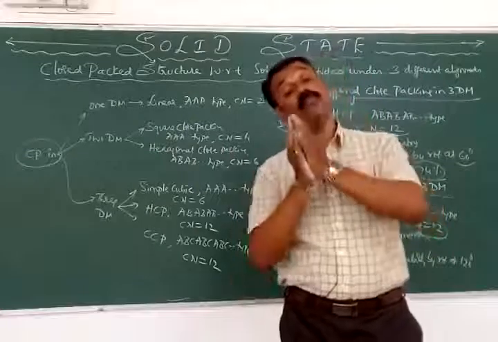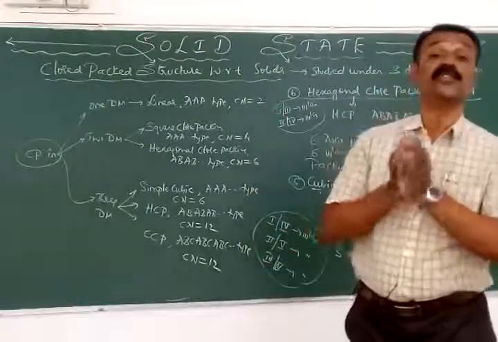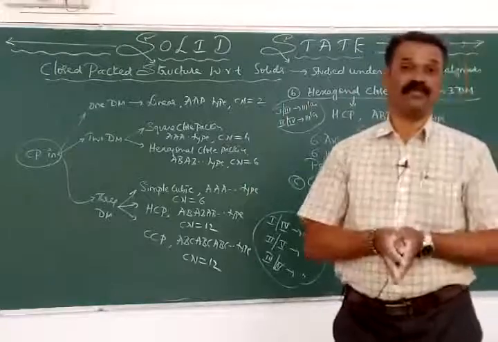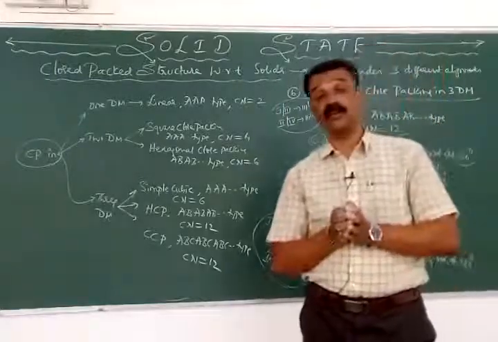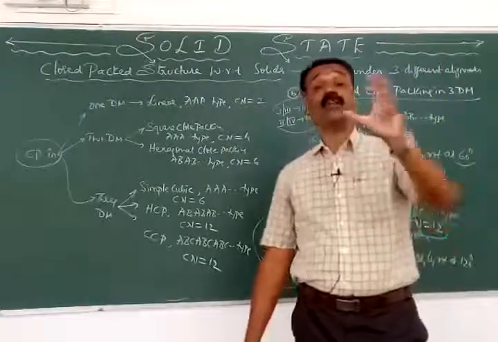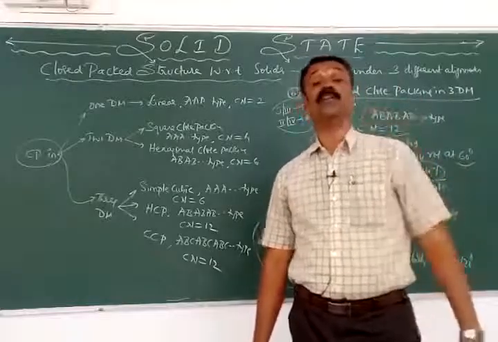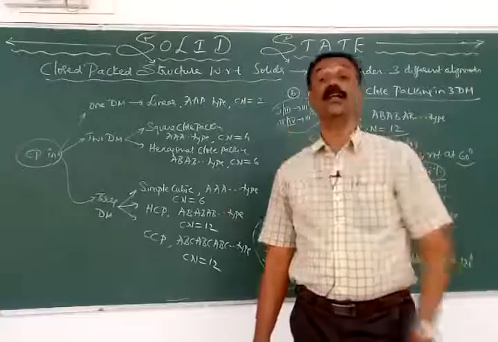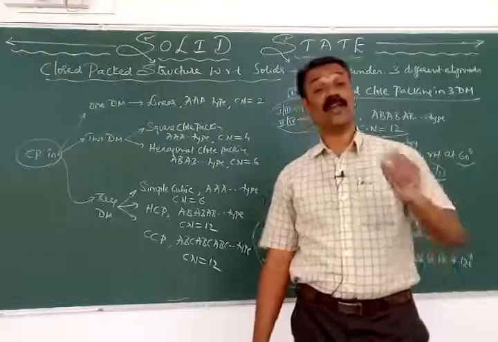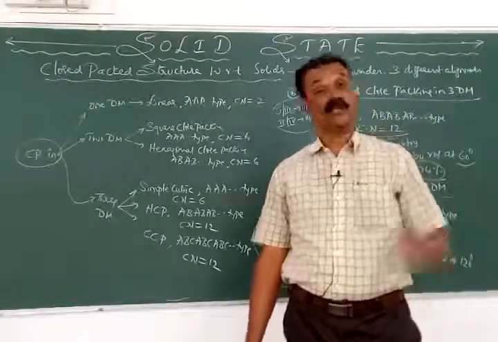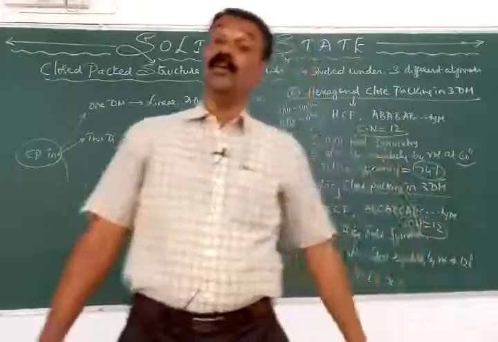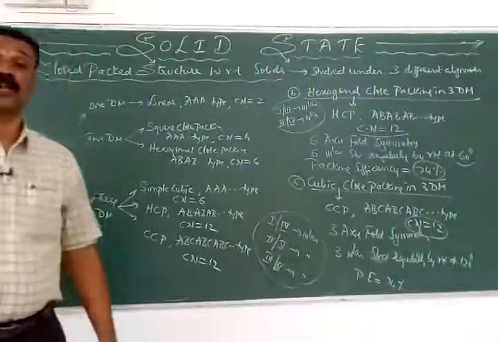And the volume that has been occupied by the hard spheres is considered to be the packing efficiency. We will discuss both the void concept and the packing efficiency concept with respect to the various types of one dimensional, two dimensional, and three dimensional arrangement of particles in the next session of this solid state.